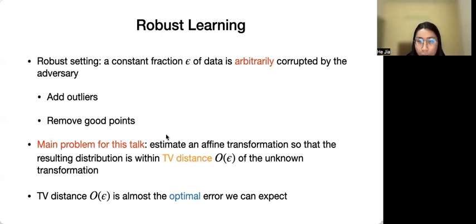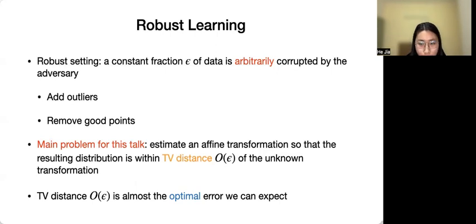The main problem for our talk is to estimate the affine transformation so that the resulting distribution is within TV distance O(epsilon) of the unknown transformation. In this robust setting, we don't have exact, accurate samples; we have a corrupted sample. And this TV distance of order epsilon is almost the optimal error we can expect.